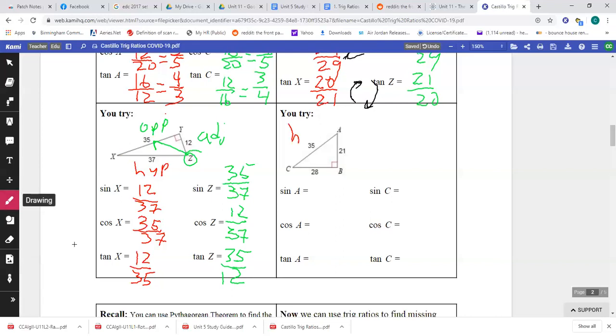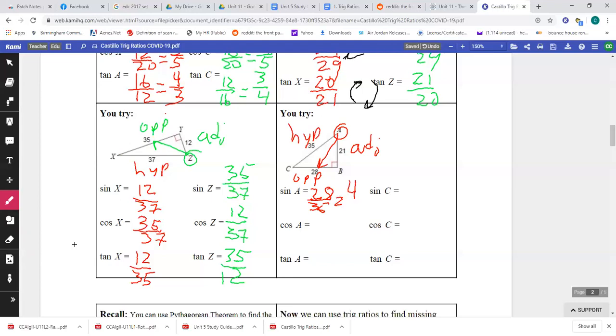So this one's my hypotenuse. If I look at angle A, that's my opposite. This is my adjacent. So sine A is going to be 28 over 35. However, I could simplify this by dividing by 7.